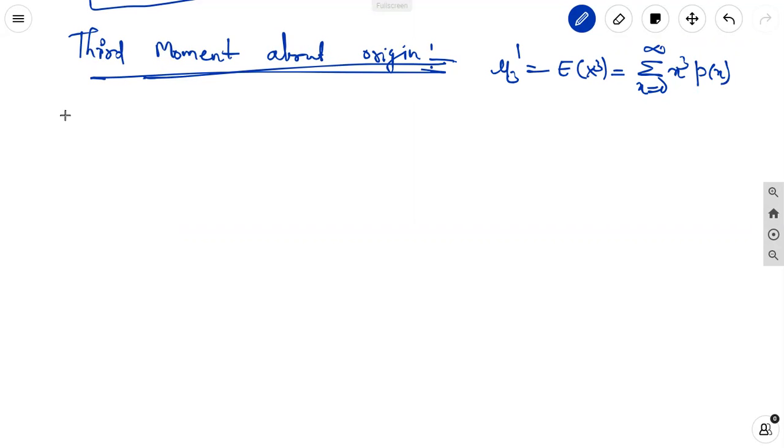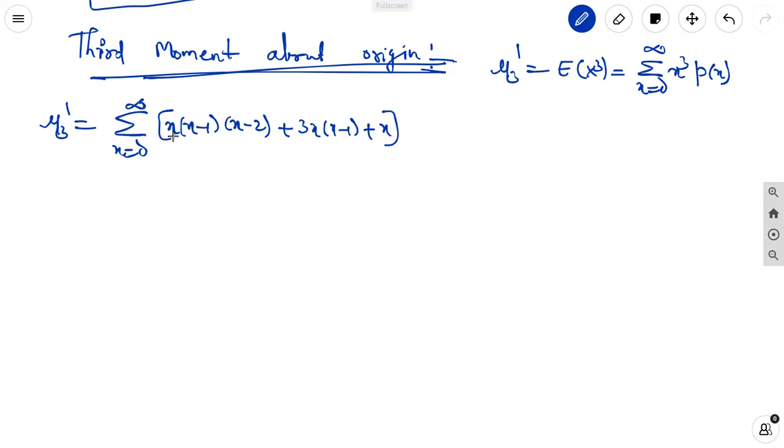The x cube can be written as mu 3 dash is equal to summation x equal to 0 to infinity, x into x minus 1 into x minus 2 plus 3x into x minus 1 plus x, into p of x, which means e power minus lambda, lambda power x by x factorial.